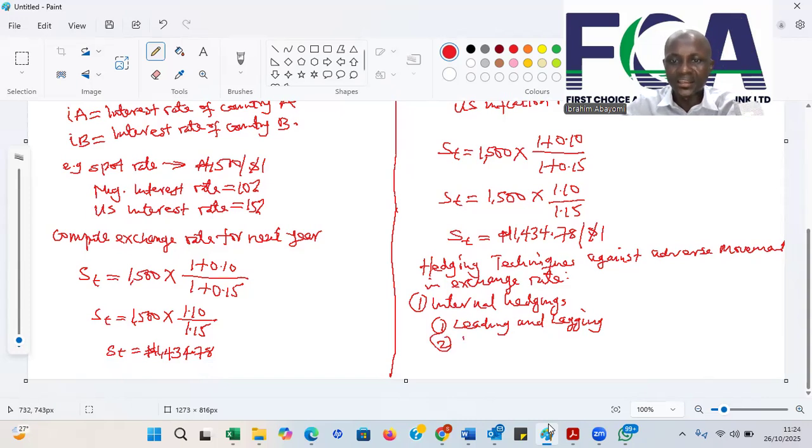We have invoicing in home currency, that is in your domestic currency. We have matching.